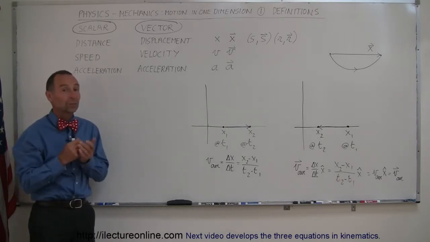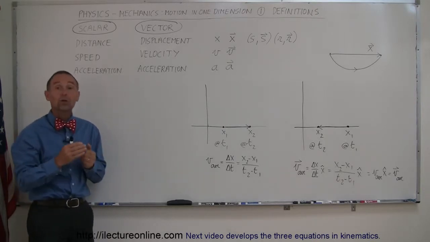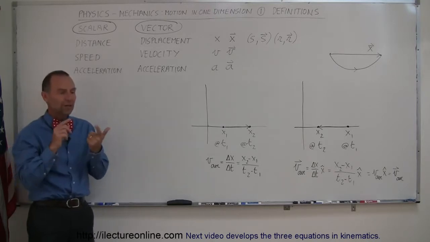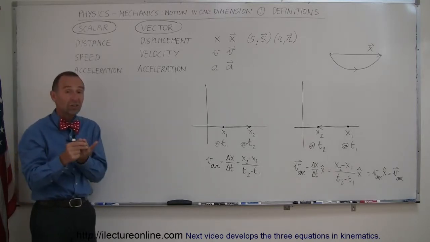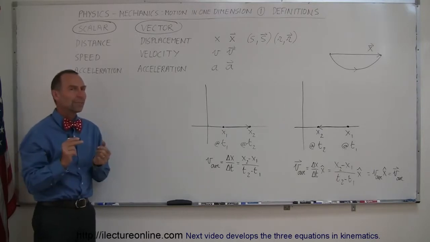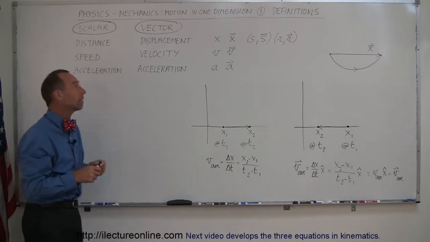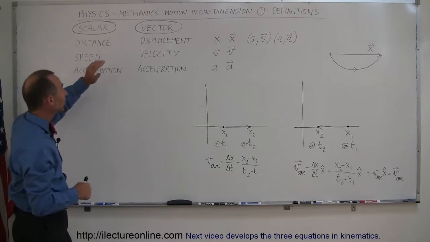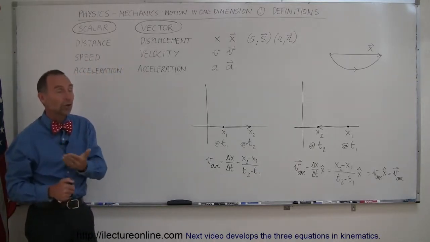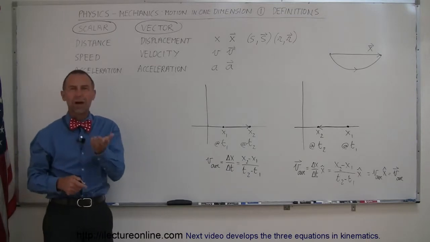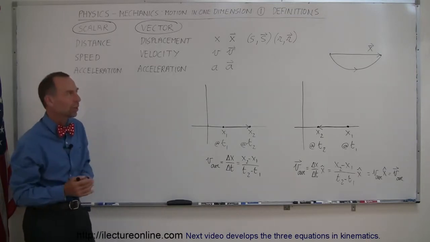Instead, we can say, well, the person traveled 5 miles in a northerly direction. Now we've given both the magnitude, how big, how far he went, and the direction the person went in. So that makes it a vector quantity. And so instead of talking about distance, we talk about displacement. The displacement was 5 miles in a northerly direction, or in the x direction, or in the y direction, or in the negative z direction, whatever it is.